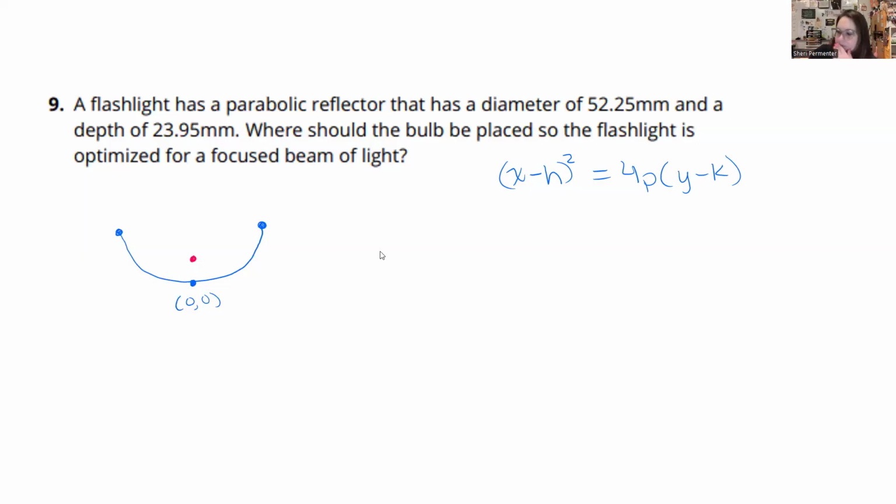Also, if I'm looking at a p-value, remember that the distance we're talking about, where should this light bulb be? It's going to be a positive, like it's this far from the vertex. Let's figure out what we do know.